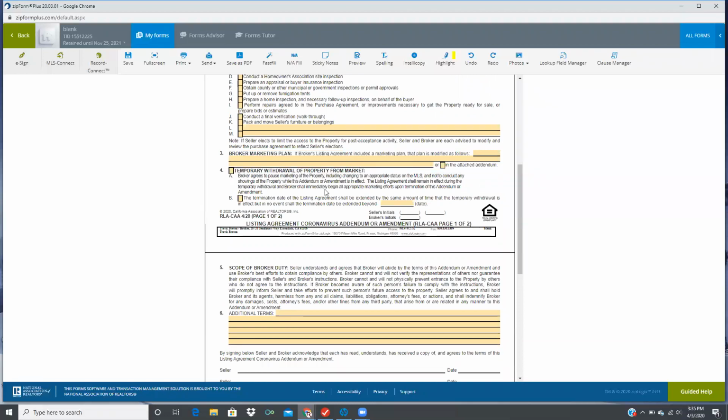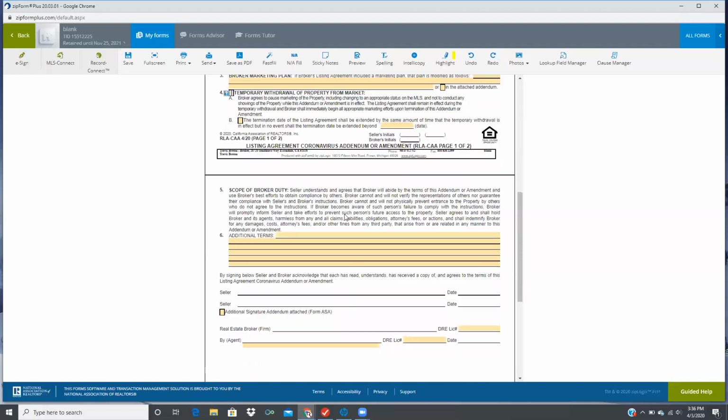If they are going to be temporarily withdrawing the property but leaving the listing active, then you're going to check this box here. If the termination date of the listing agreement shall be extended by the same time amount as the temporary withdrawal is in effect, then you will check B, and not to extend upon or beyond a certain date right here. So these are boxes that you and the seller can agree upon.